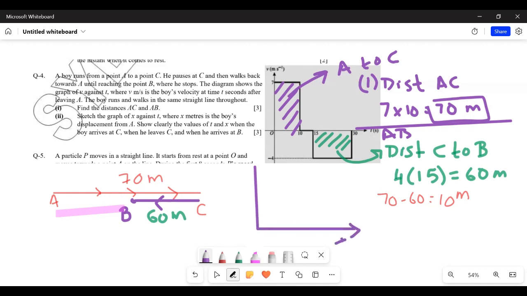Time would be on the x-axis, unit is seconds. Displacement would be on the y-axis, and the unit would be meters.